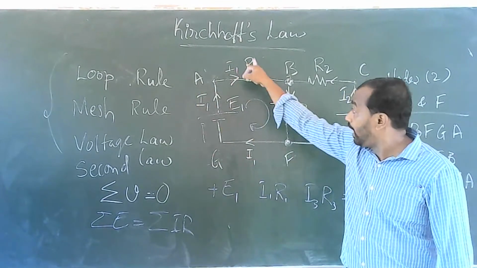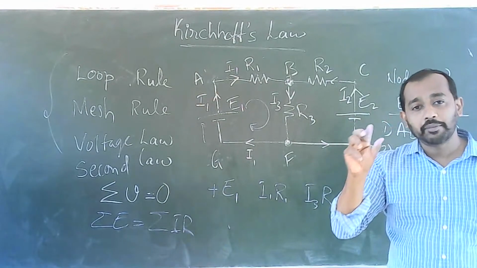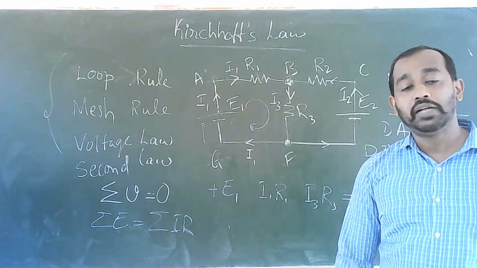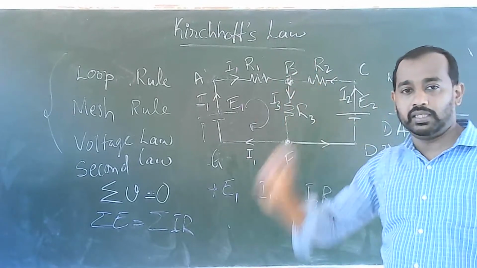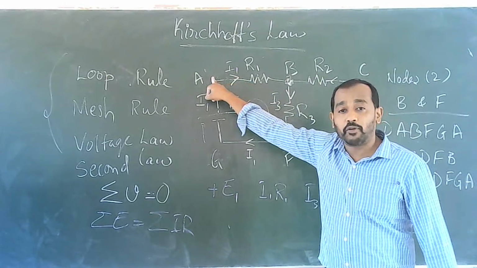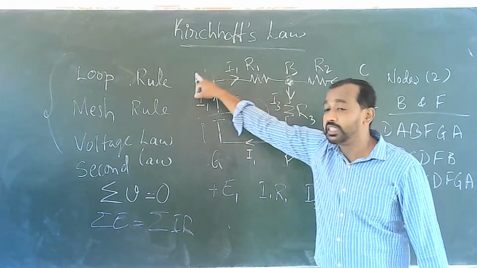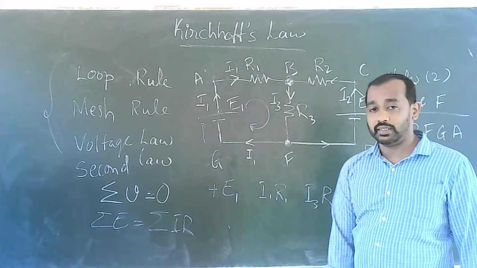For the cell, it is not important. For IR drops, the direction of the current is important. Current means the flow of charges. If we assume that current is flowing from A to B, then A must be at higher potential and B must be at lower potential.